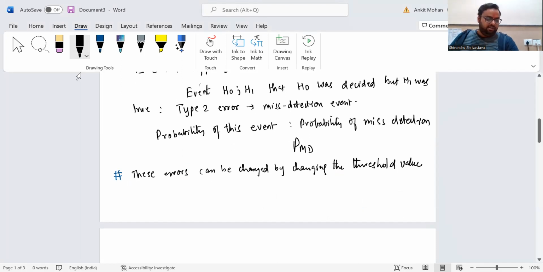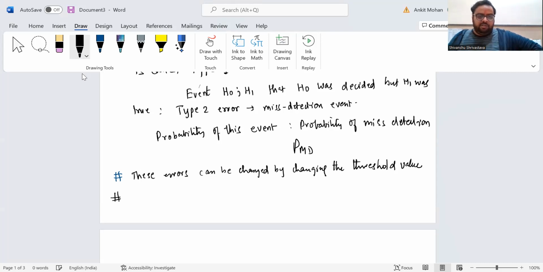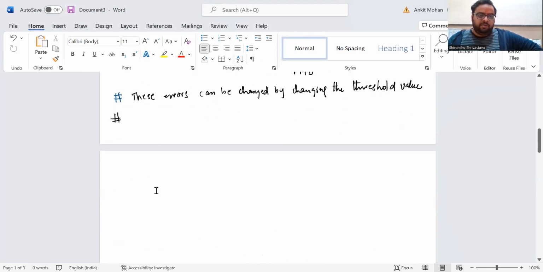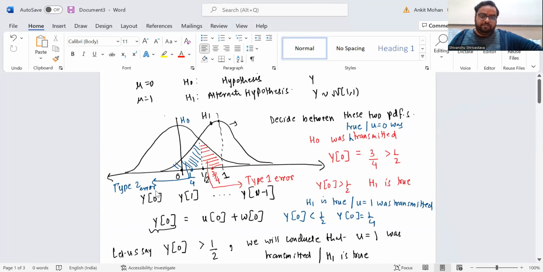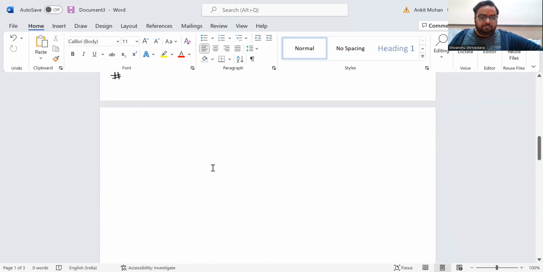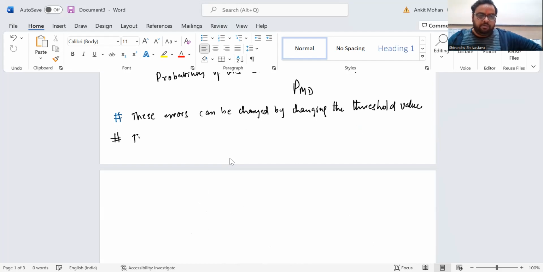Basically, we can see that if I start increasing this threshold value, the type 1 error is decreased if the threshold value is increased.